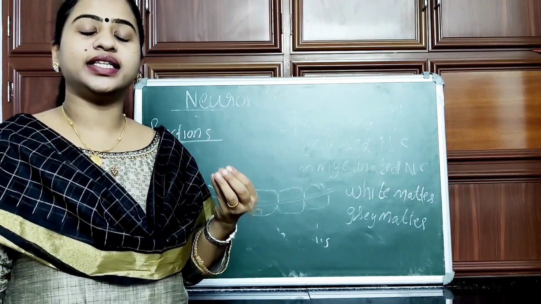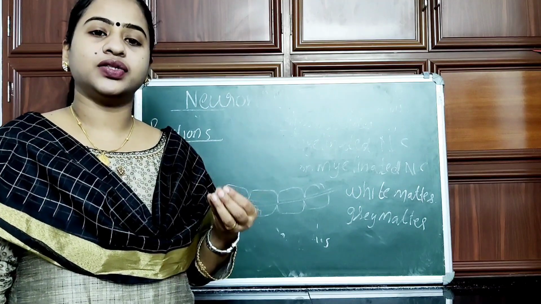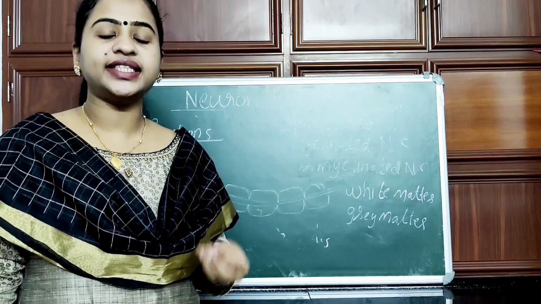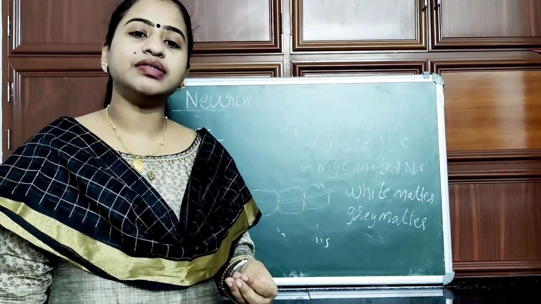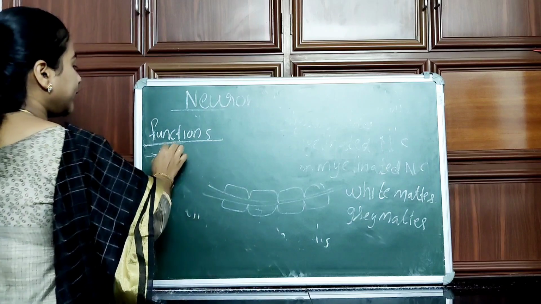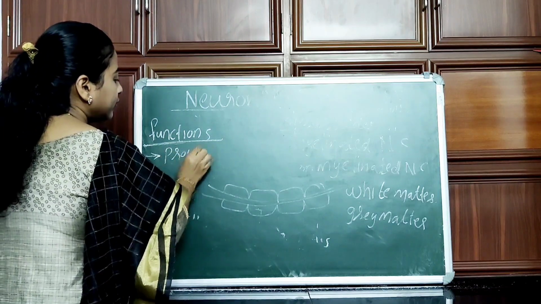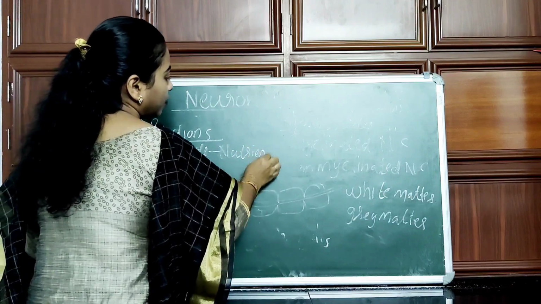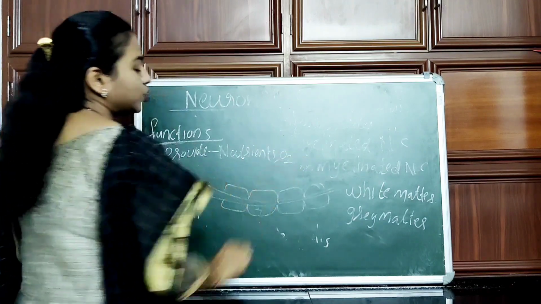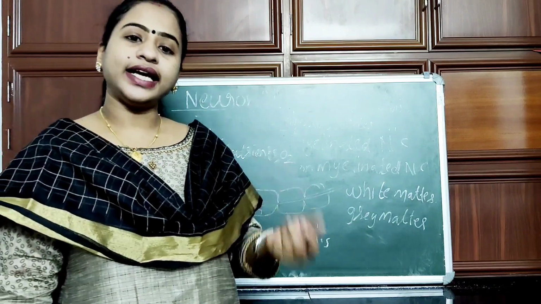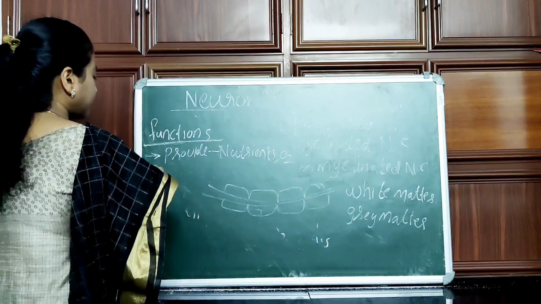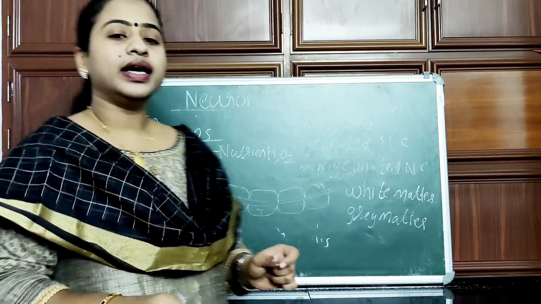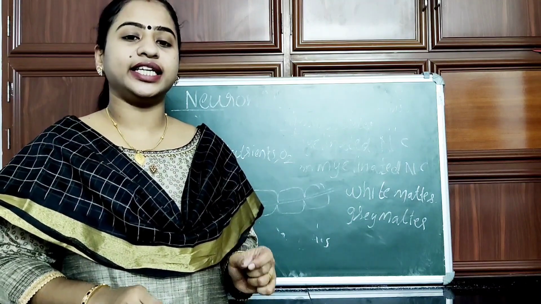We already said that it is a lipid containing layer. It provides nutrients and oxygen to the nerve cell or axon. The next function is that they act as electric insulator.